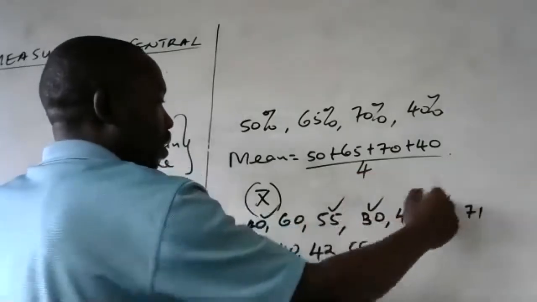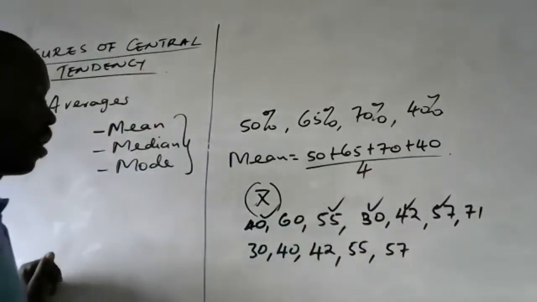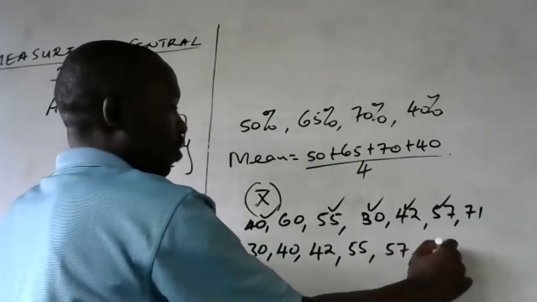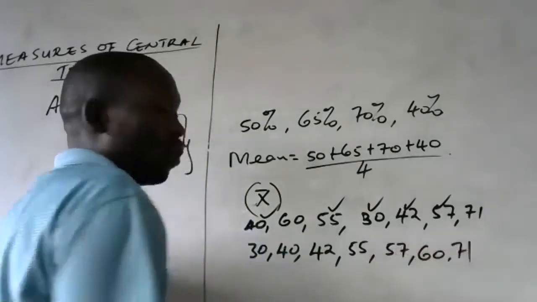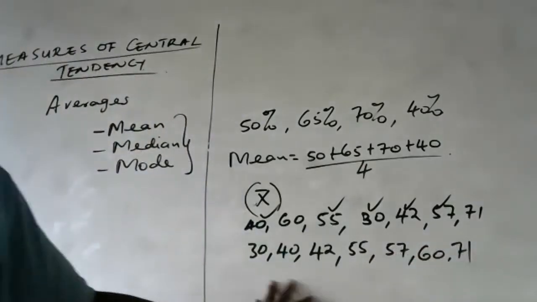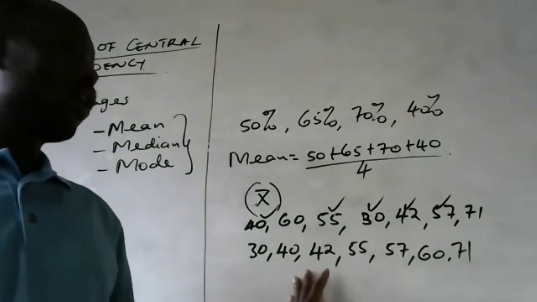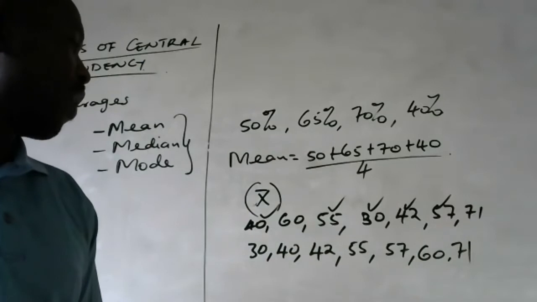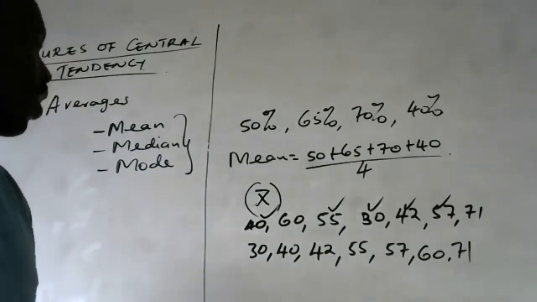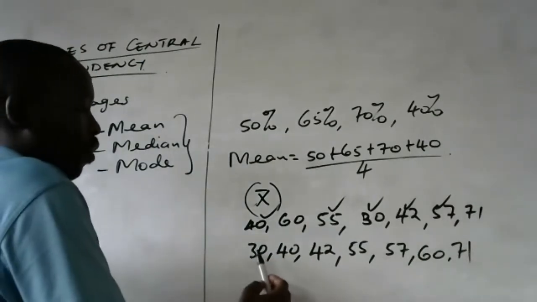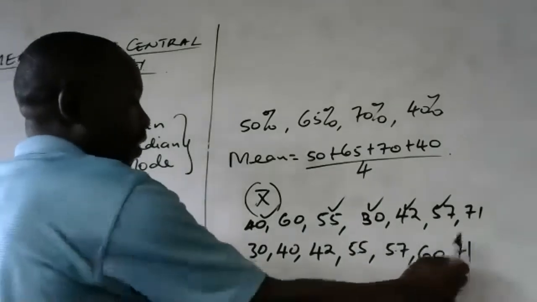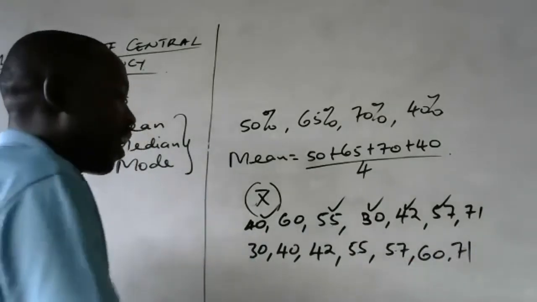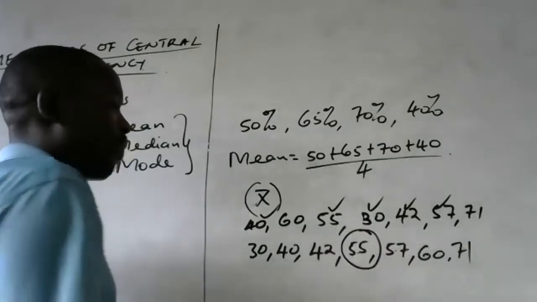This one has been considered. Then from there we go to 60. Then from there we go to 71. So these are the scores from the smallest to the highest. Then you take the middle value. If you are able to see, we have got 1, 2, 3, 4, 5, 6, 7. We have got 7 figures, and the middle value is what? 55.